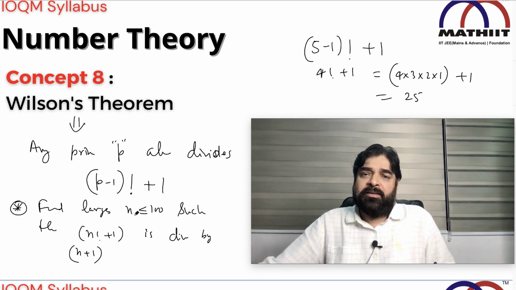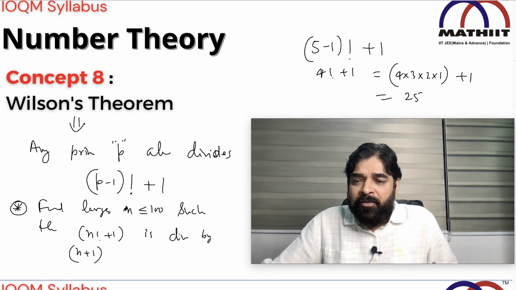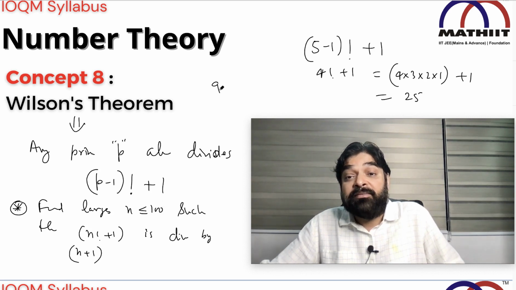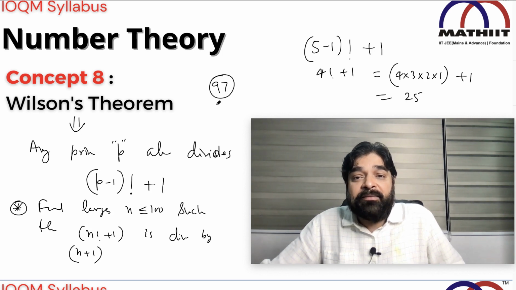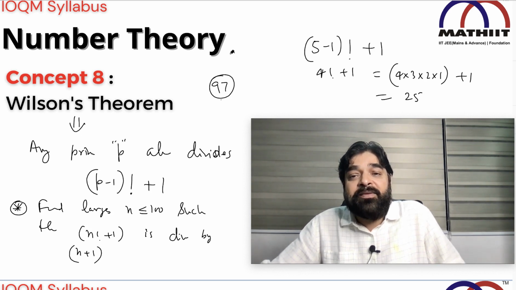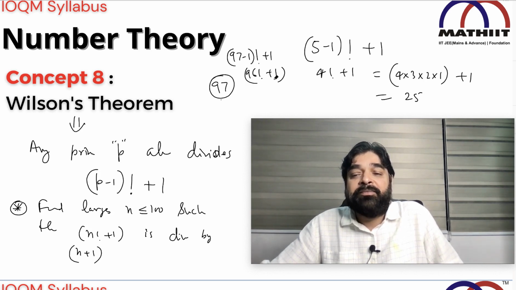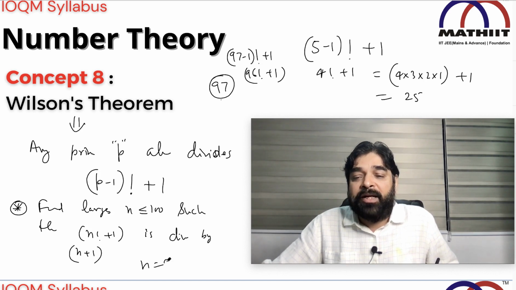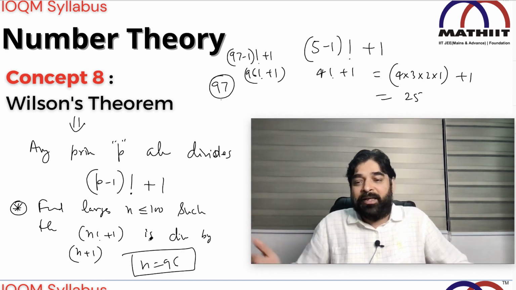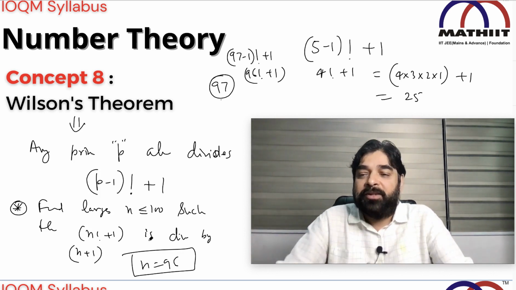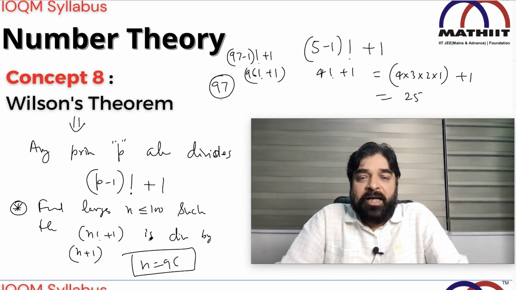The largest prime less than 100 is what? 97. Yes or no? So 97 always divides 97 minus 1 factorial plus 1, meaning 96 factorial plus 1. That means n will be equal to 96. Direct answer, no other things. Study this one, you will understand.